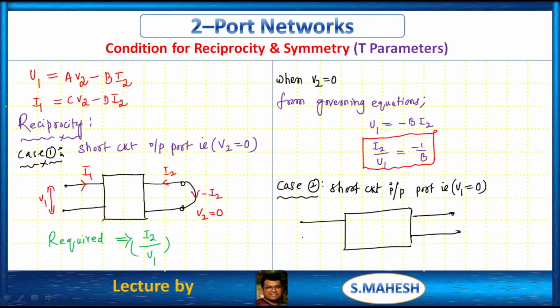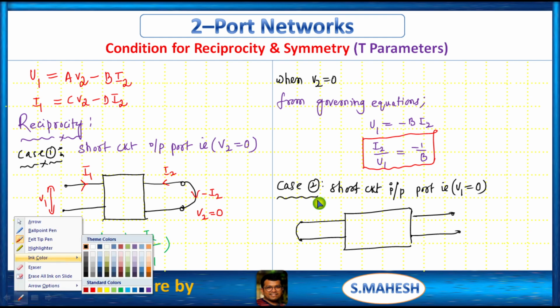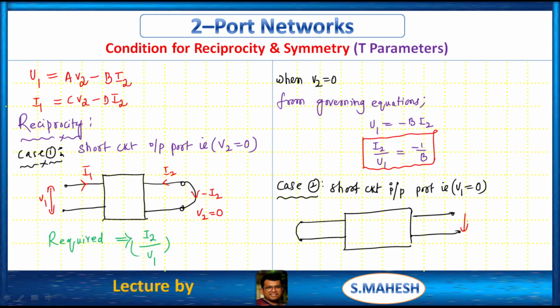This is the input side, here short circuited, therefore the only excitation is V2, right? Due to V2 we have I2, this is I1, this is minus I1, here V1 equals 0.